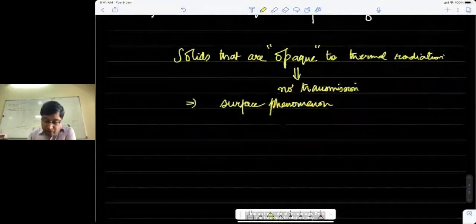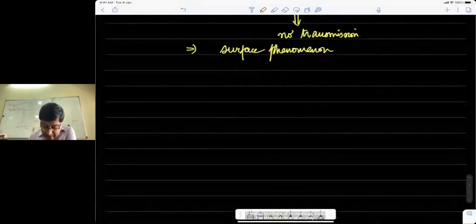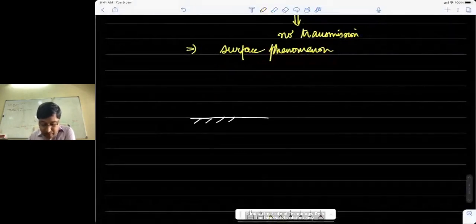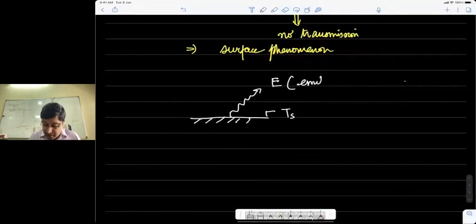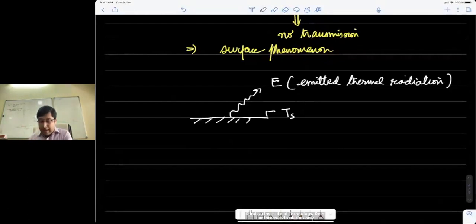So the basic theory of radiation goes something like this. Let's consider that we have a surface which is at some temperature, again I'm going to say Ts. This surface will emit radiation because of a non-zero temperature, and what it emits I'm going to denote as E. This is the emitted thermal radiation, which is in watt per meter square.